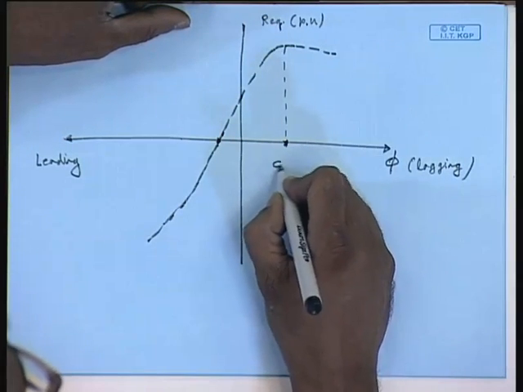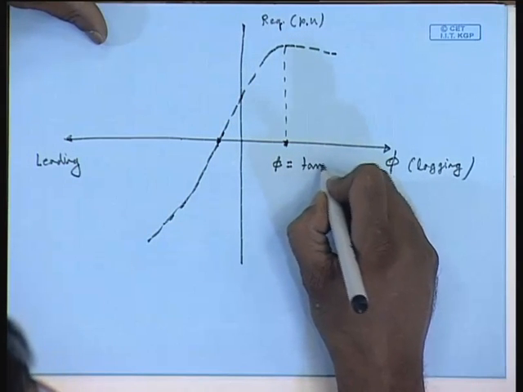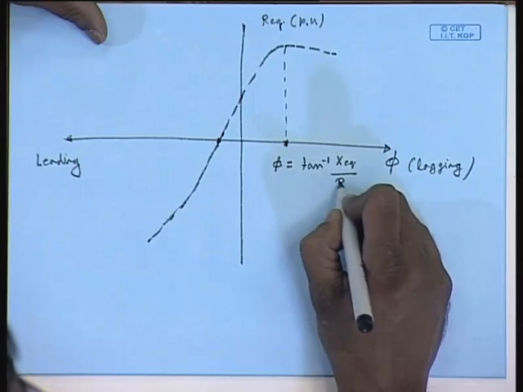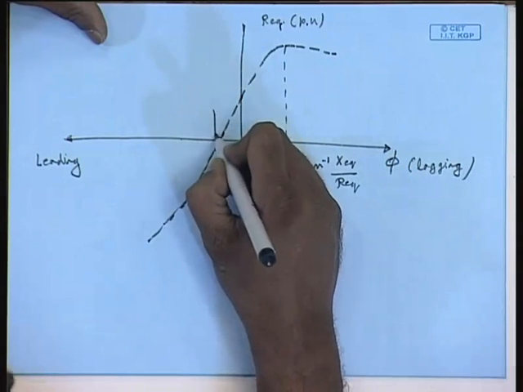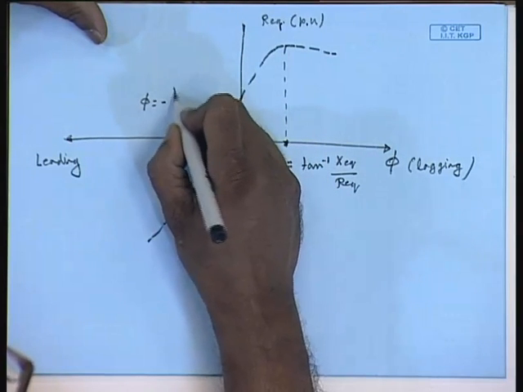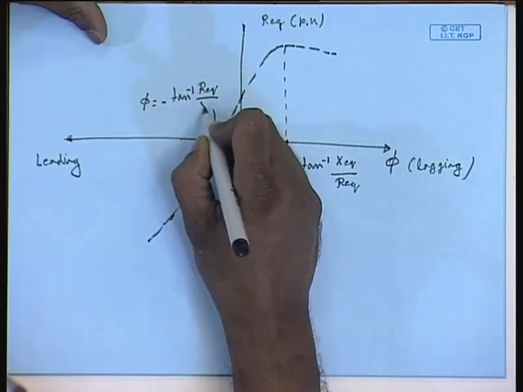This value of phi is equal to tan inverse Xeq by Req, and this value of phi is equal to minus tan inverse Req by Xeq.